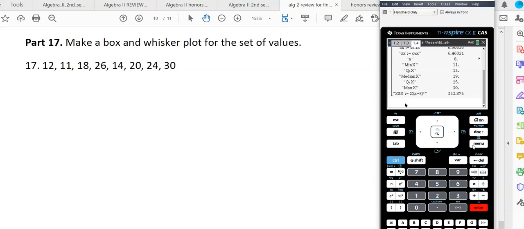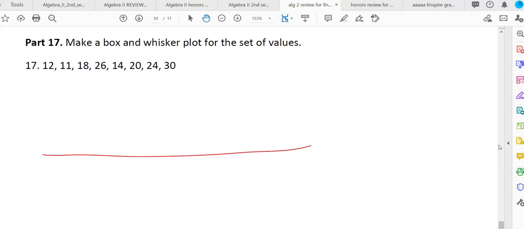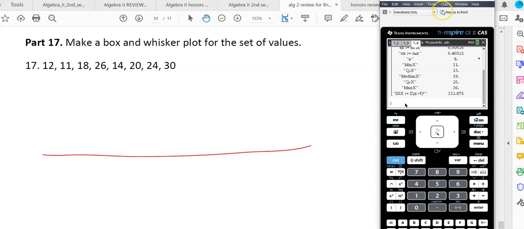So it looks like the minimum is 11 and the max is 30. So I need a scale that goes from 10 to 30. So 10, 15, 20, 25, 30. That looks good. And so the max is 30. The minimum is 11.